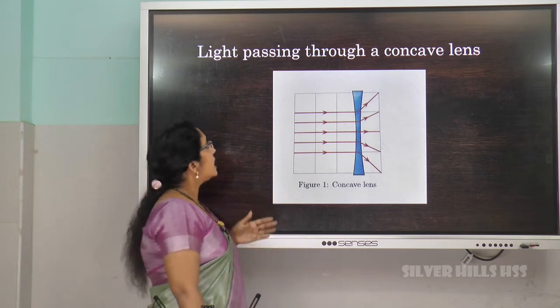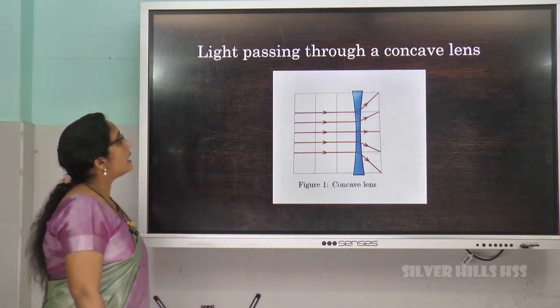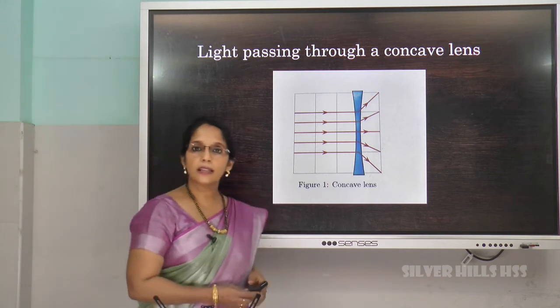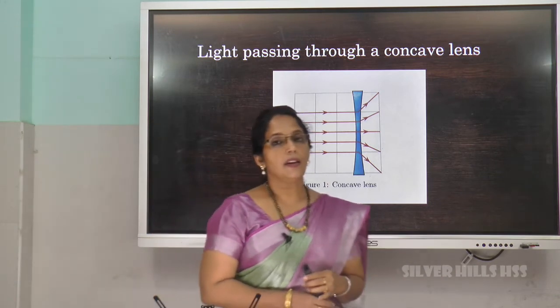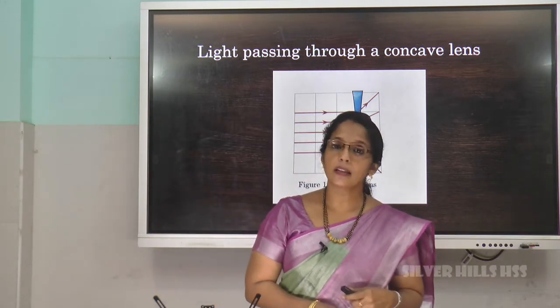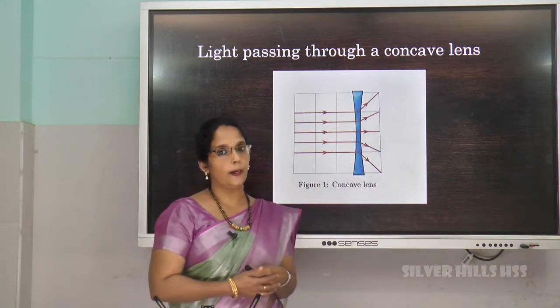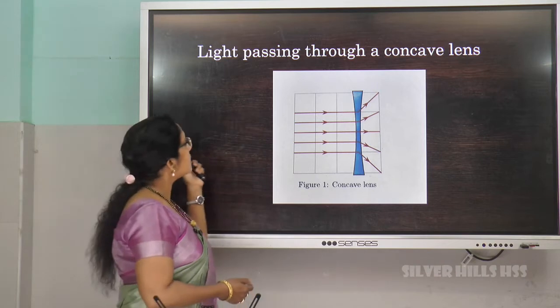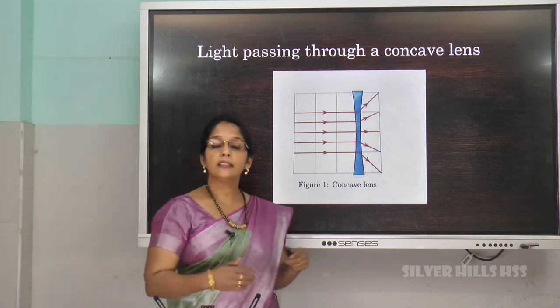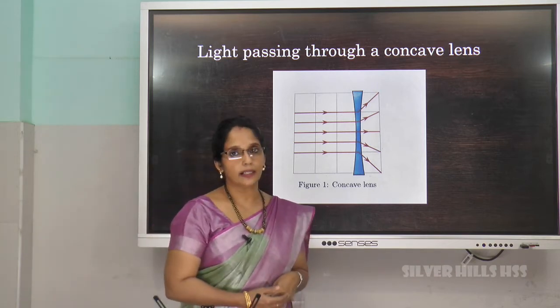So you have seen what happens when light rays pass through a convex lens and a concave lens. When light enters a convex lens, it converges all the light rays to a fixed point. But when light passes through a concave lens, it diverges all the light rays.